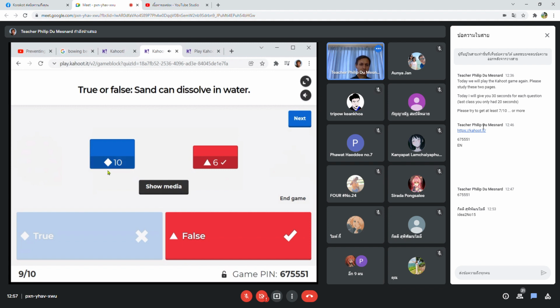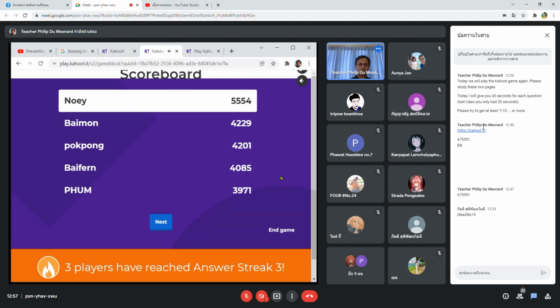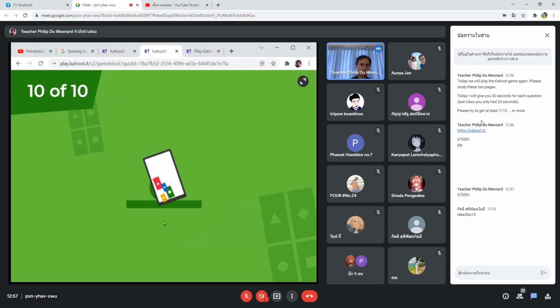So it's false. No, actually most students are wrong. It's false. Sand cannot dissolve in water. Position is staying, but Noi has more points. There are 3 players with a winning streak.